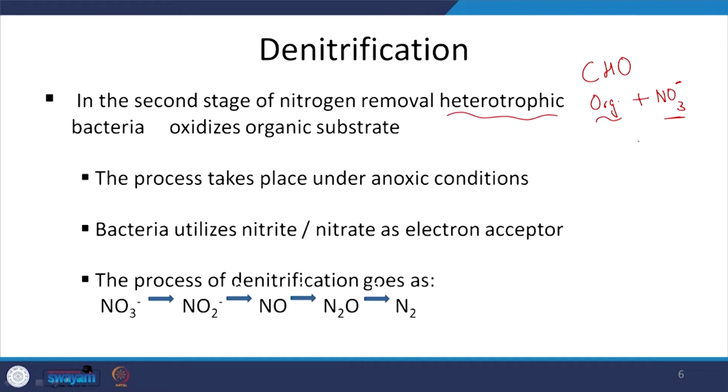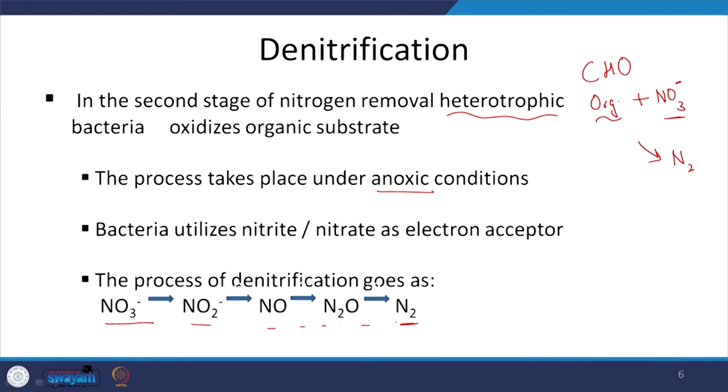That leads to formation of N2. Under anoxic conditions you have NO3 minus, NO2 minus reduction, and finally you end up with N2. Again, denitrifiers.